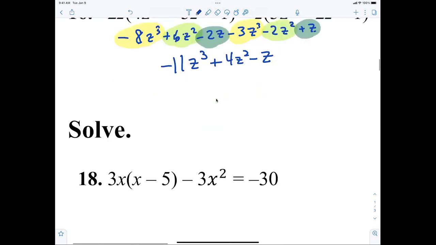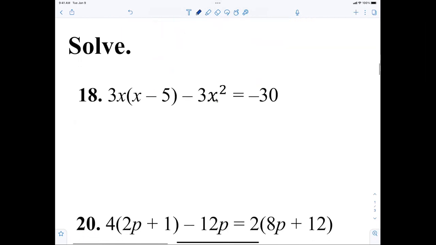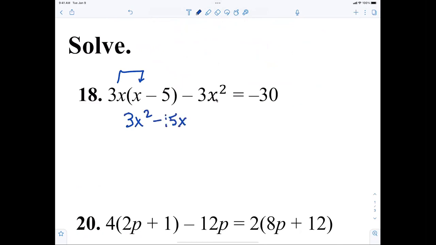Now we're solving some equations. All right, so we're still distributing, so tell me what to do. It'd be 3x squared, you're amazing, minus 15x, perfect, minus 3x squared equals negative 30. And so what happens?